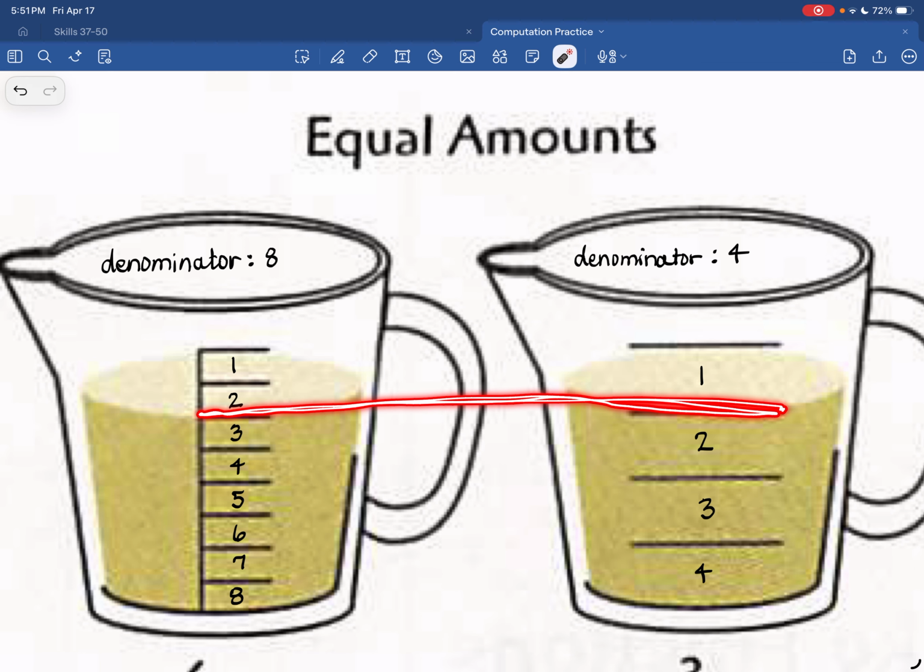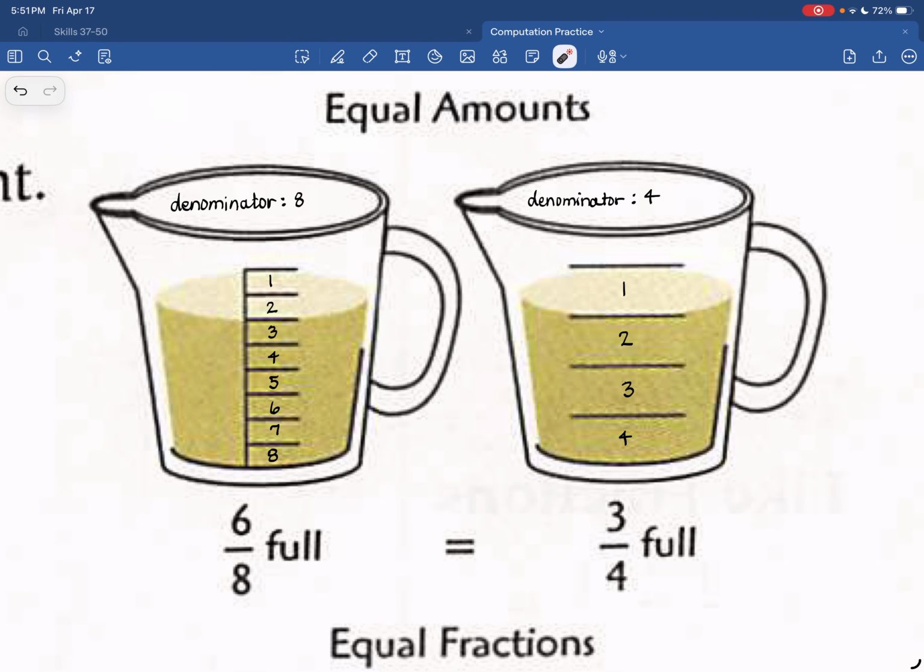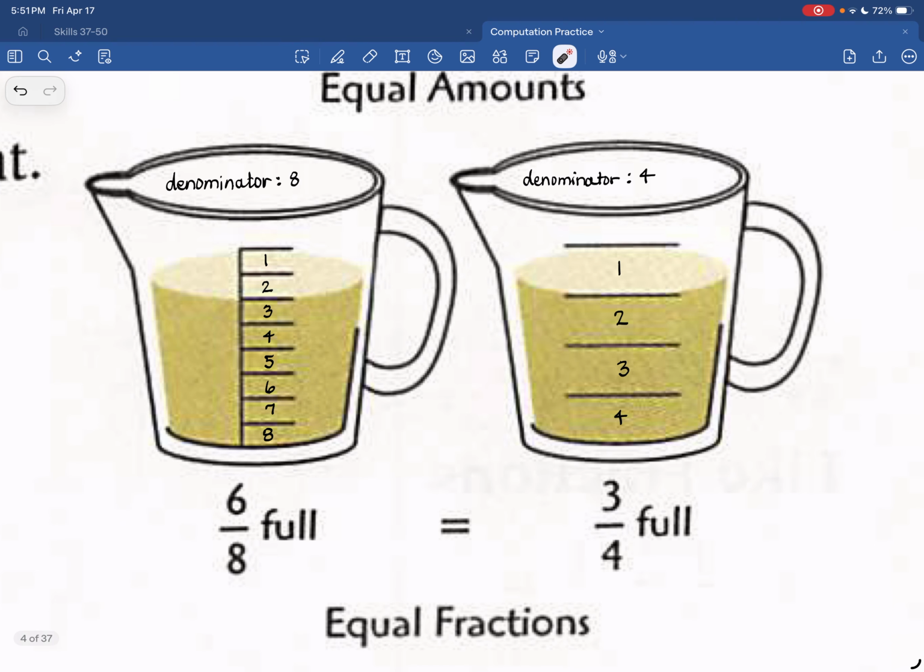It's just that yours is measured in smaller sections than mine is. So your cup has 6/8 of a cup of chicken broth, and mine has 3/4. But we can look at those and tell it's the same amount of broth. Doesn't matter what kind of measuring cup you have, that amount of chicken broth that's needed for the recipe does not change.